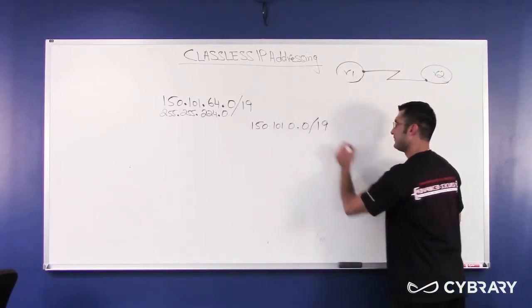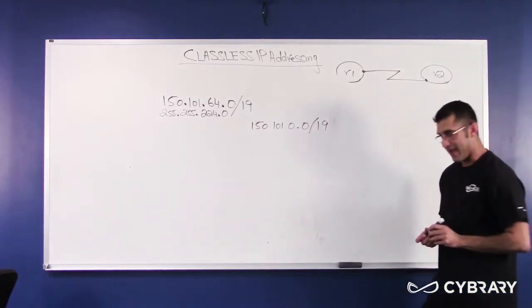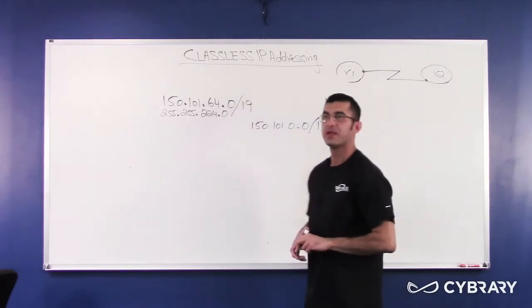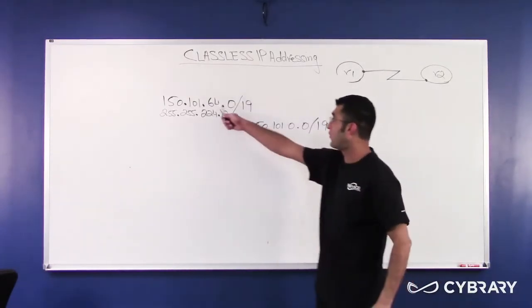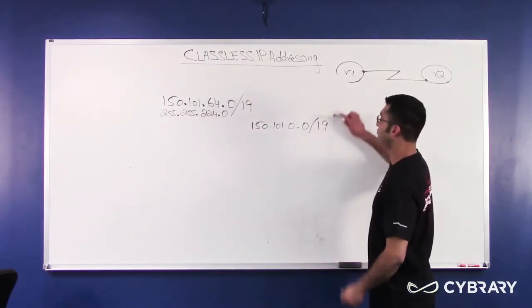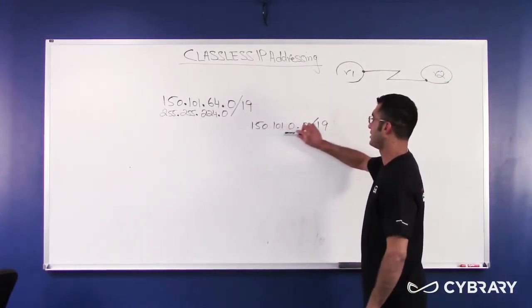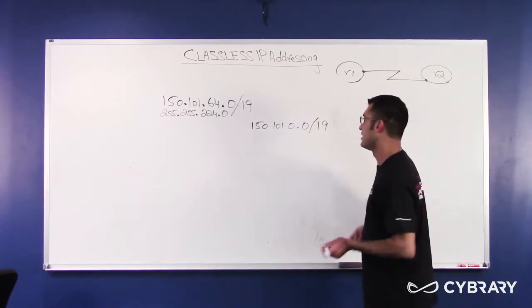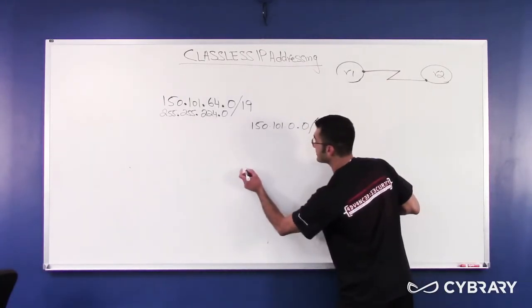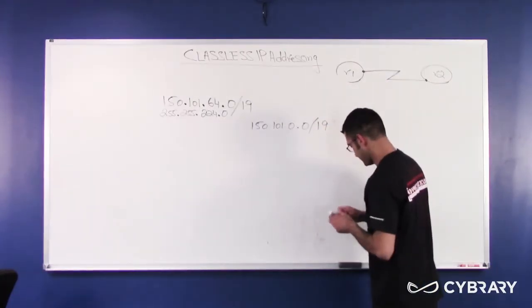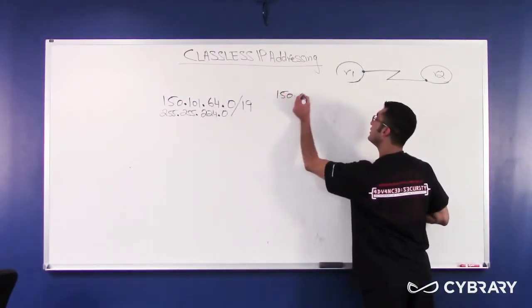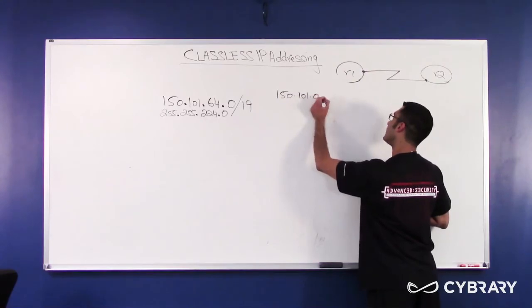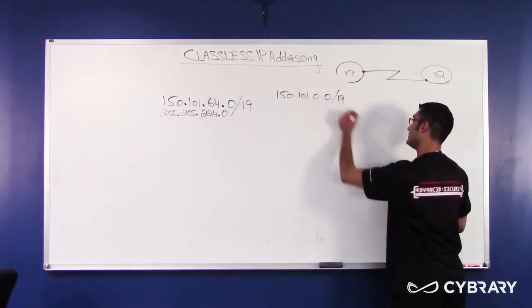slash 19. What was the value of the last bit turned on? It was 32. And I'm looking for the 64 network. So my first street started at 150.101.0.0/19.